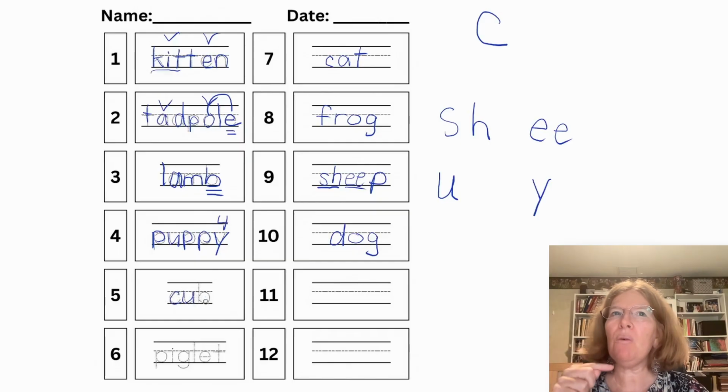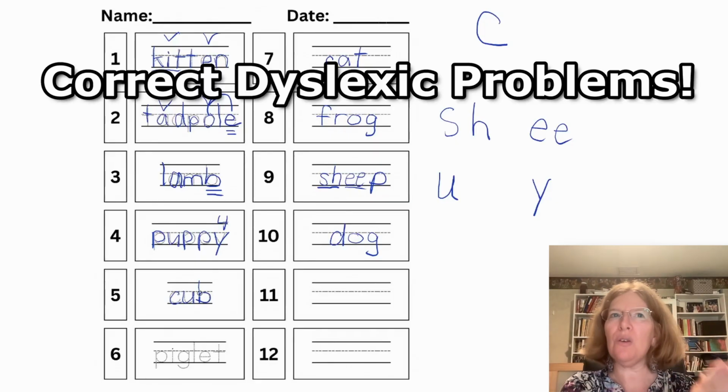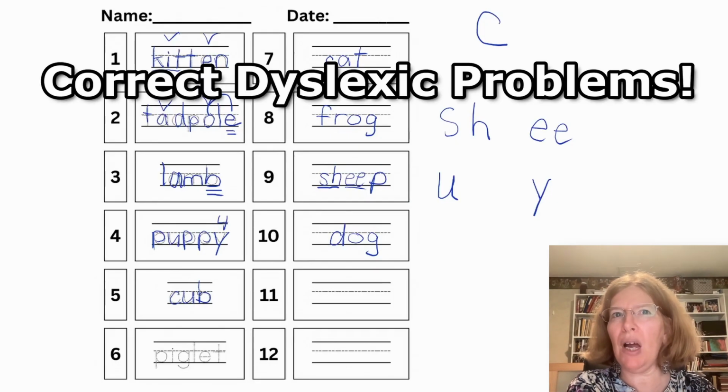Let's go to row number 4. K-a-b. Now when you write a B, remember the stick is first. B. When you write a D, I want you to say D and trace your mouth. Remember the circles first. D-og. Dog. Because you're writing these so many times, you're correcting the handwriting. This is how you can correct dyslexic problems.